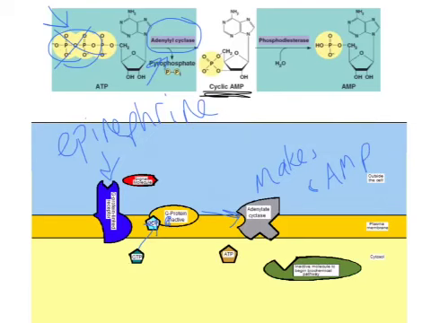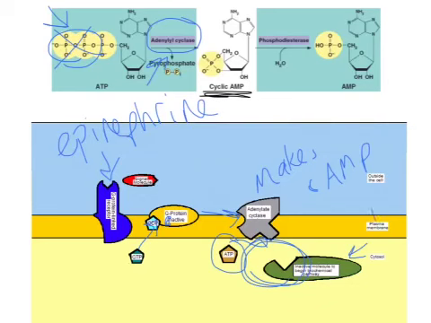So I am now actually making something inside of my cell that can cause a response. So this enzyme starts converting this ATP, see it fits up there nicely, into cyclic AMP.